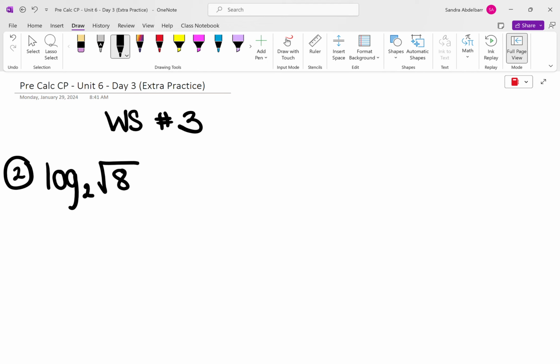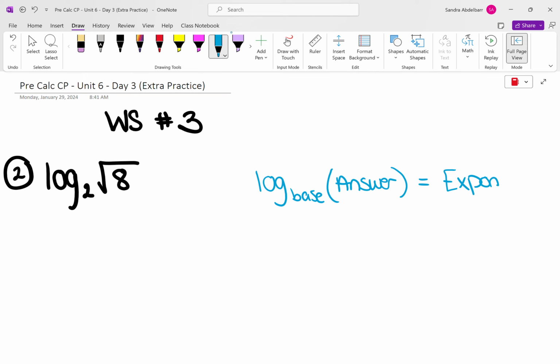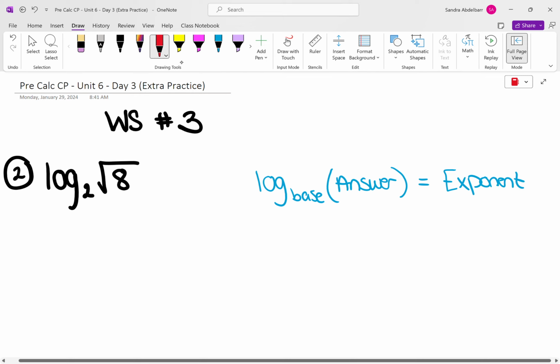Remember, when you have a log, it's log base, our argument is our answer, equals exponent. So this doesn't equal anything, so I'm going to put equals x. Now we're going to change it back into exponential.